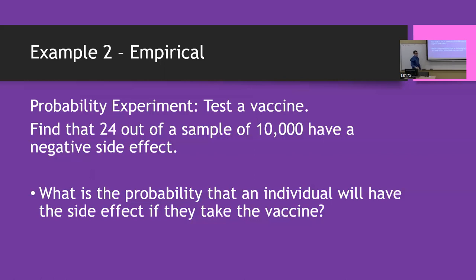Well, I do an experiment. And if we do an experiment, and we find that 24 out of 10,000 have the side effect, then that's going to determine the probability of an individual taking this vaccine and having a side effect.